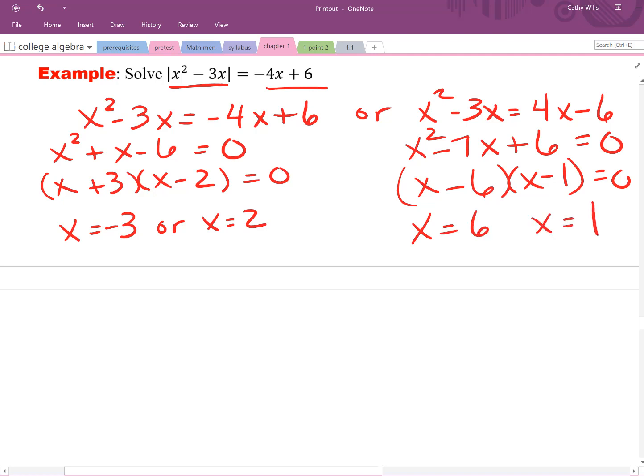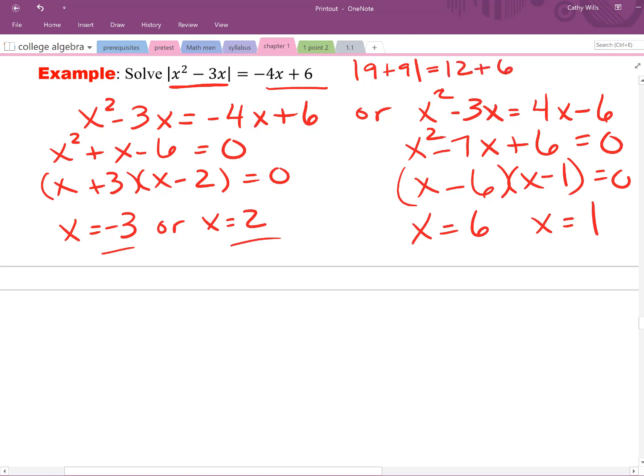So let's go back to the original equation and make sure all these things work, make sure we didn't make any mistakes. All right, if you check -3 in the original equation, you're going to have the absolute value of -3 squared, which is 9, minus 3 times -3, which is going to be plus 9. So the absolute value of 9 plus 9 equals -4 times -3, which is 12, plus 6.